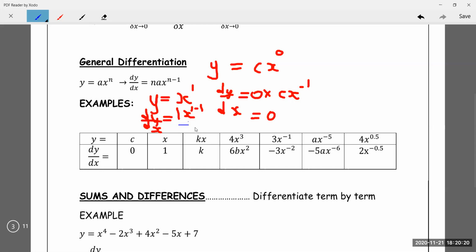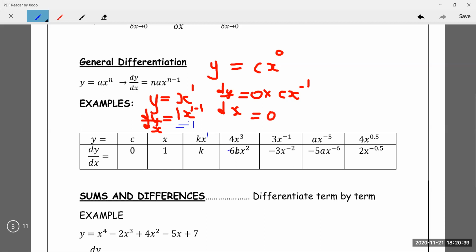So this just works out to be 1. That's why the derivative of y equals x is 1. When you differentiate kx, this is really k times x to the 1. So you carry down the power to get k, subtract 1 from the power, you get x to the 0, and so that's just k.